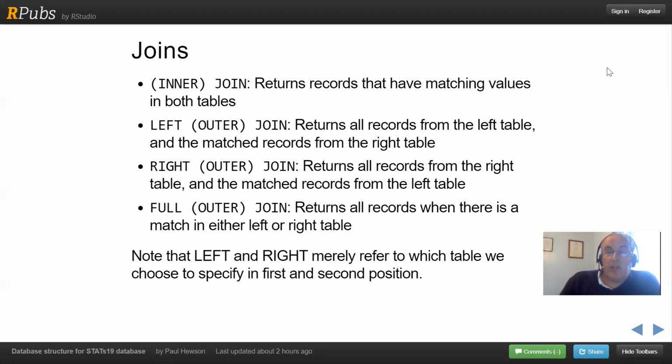And I'm going to use this example to review the 4 types of joins that are available. There's 1 inner join and 3 outer joins. And in SQL, you normally don't need to specify inner or outer. That's why they put it in brackets. It's up to you if you find it clearer to write it out in full. But we have an inner join and left joins, right joins, and full joins.